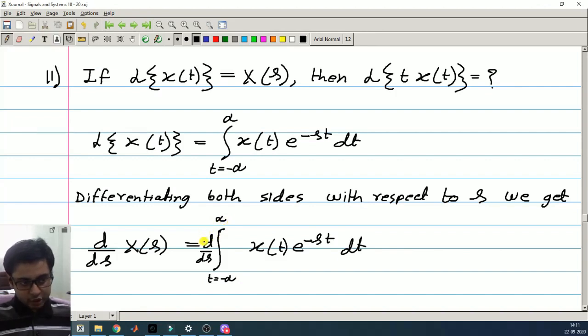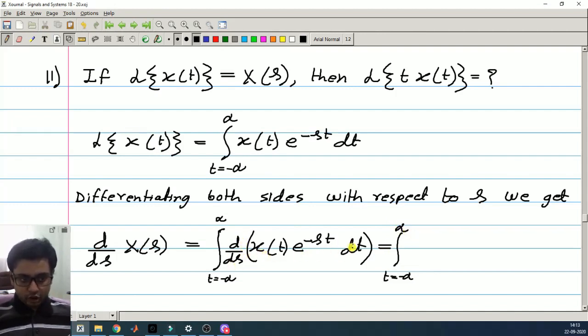And now by swapping the order of integration and differentiation, I will write this in this way. Then this is equal to integration over time, and then the derivative of this term with respect to s.